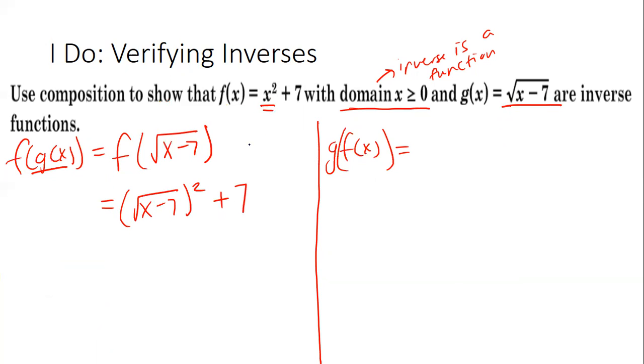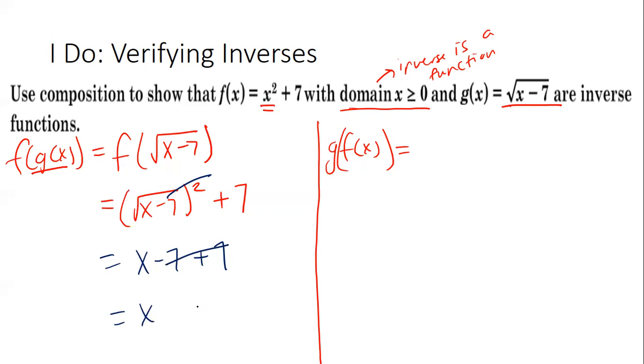All right. What does the square and the square root, what is their relationship? What do they do to each other? They cancel out because they're inverses, right? So this is going to go away, and we're just left with x minus 7 plus 7. What happens to negative 7 and positive 7? They cancel out. So we're just left with x.